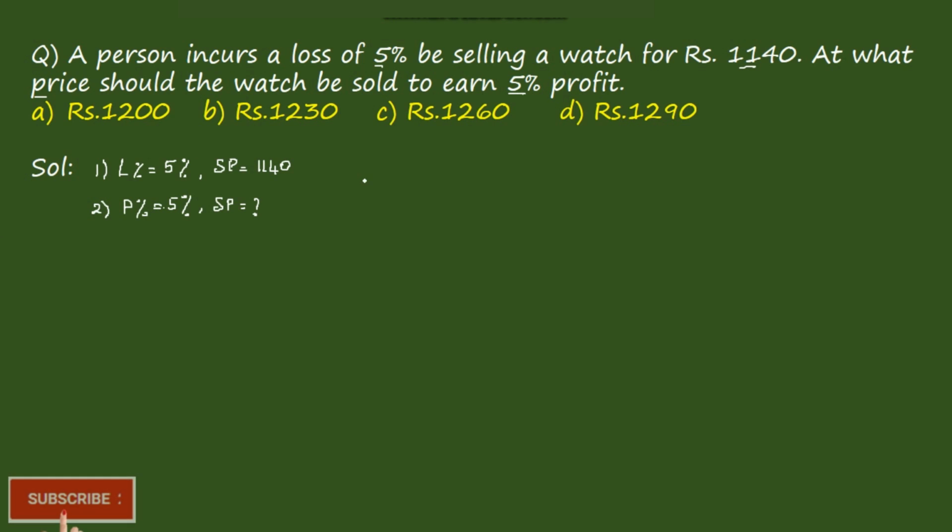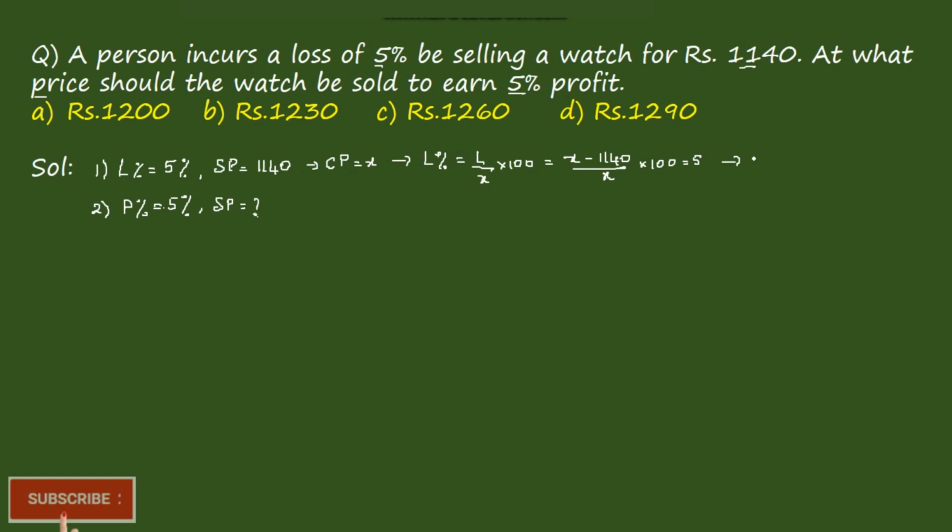For this, if you know the cost price in the first case, then easily we can find the selling price of the second one, to get a profit of 5%. So consider the cost price is equal to X, first we're defining the cost price. The general formula that we know is loss percentage is equal to loss by cost price X into 100. Loss is nothing but cost price minus selling price. So it becomes X minus 1140 by X into 100. Your loss percentage is given as 5.